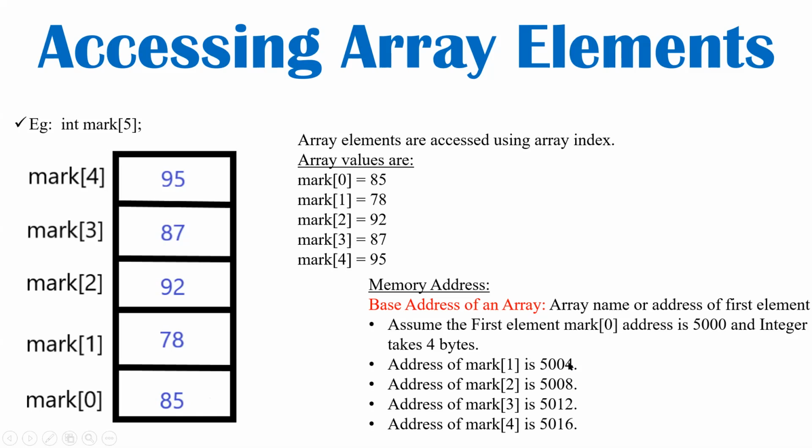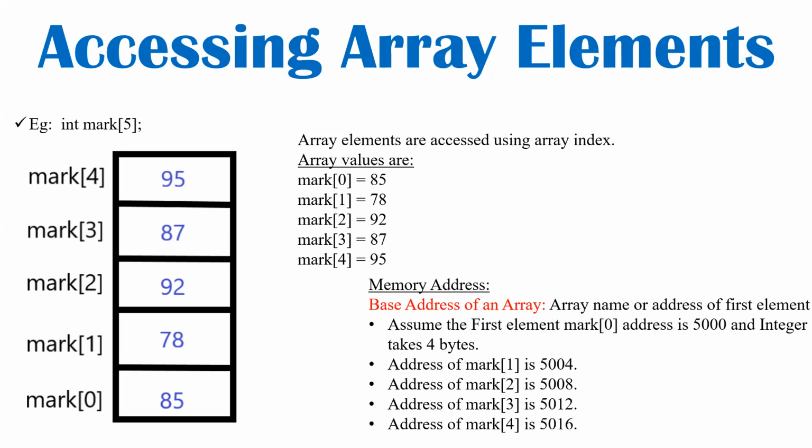That means base address plus index. For the first element, 5000 plus 0 gives the base address of this array, 5000. For the second element, 5000 plus 1, where that 1 represents the size of an integer element.